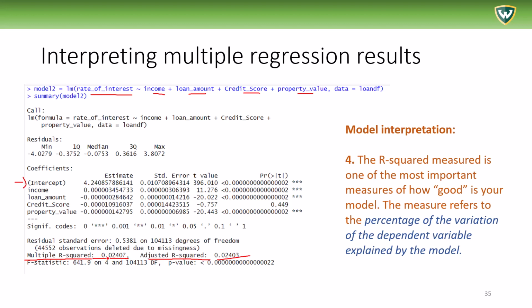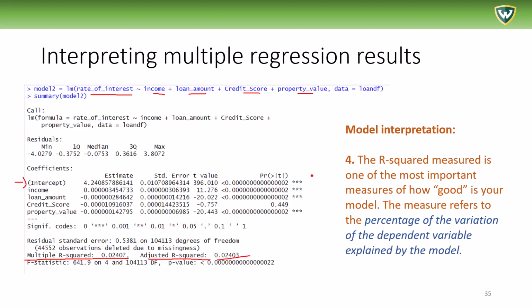So 0.02 is 2%. And 2% explanation of variation is generally considered very small. So this is not a good model. In other words, we want to add other better variables here to better explain how the interest rate goes up or down. Okay, and we'll talk about that also next time.